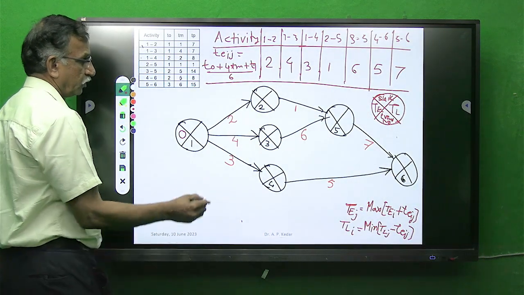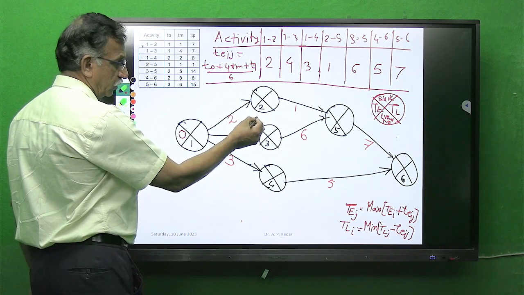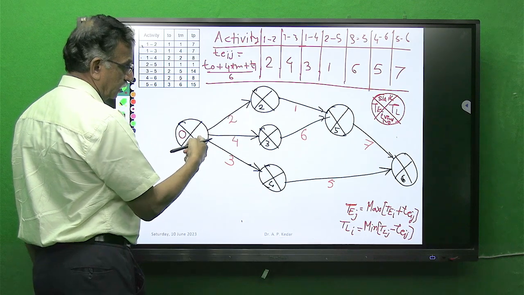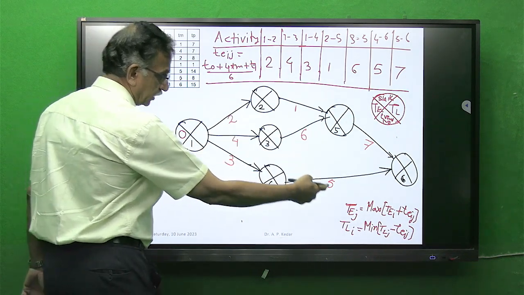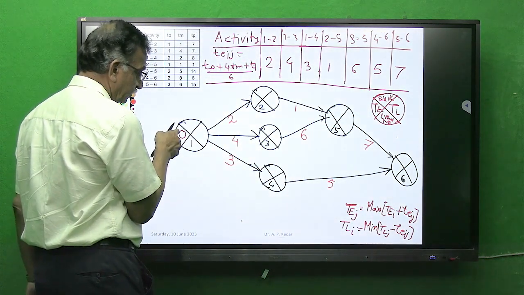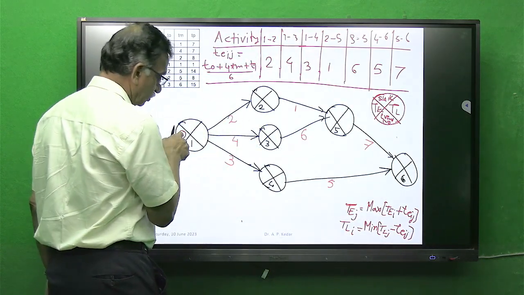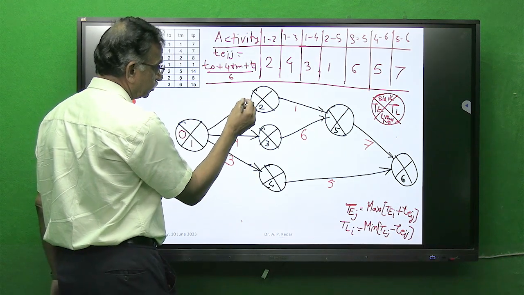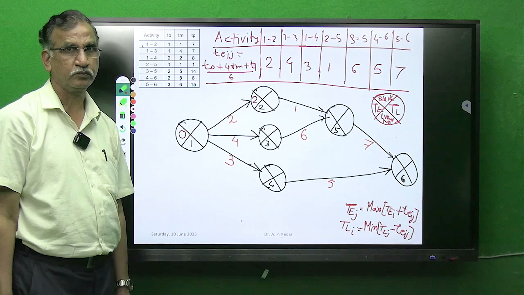If I want to find TE for event number 2, this is I, this is J. TEJ is equal to the maximum of TEI plus TEIJ. TEI is 0, TEIJ is 2, so 0 plus 2 is 2. Got it? Yes or no?